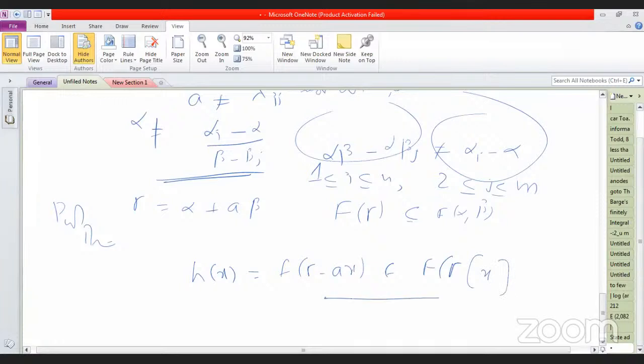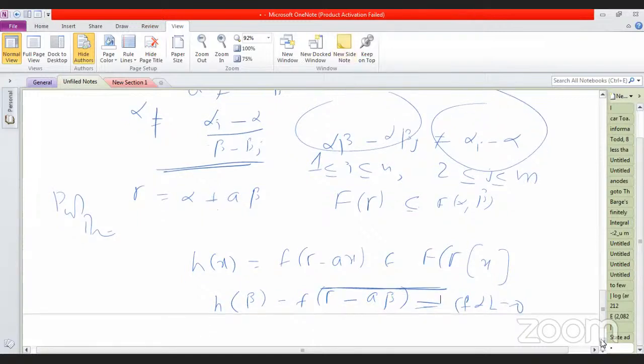We can write it or not? From the above, h(beta) is equal to f(alpha), which is equal to 0. From the above theorem also we have to do this.